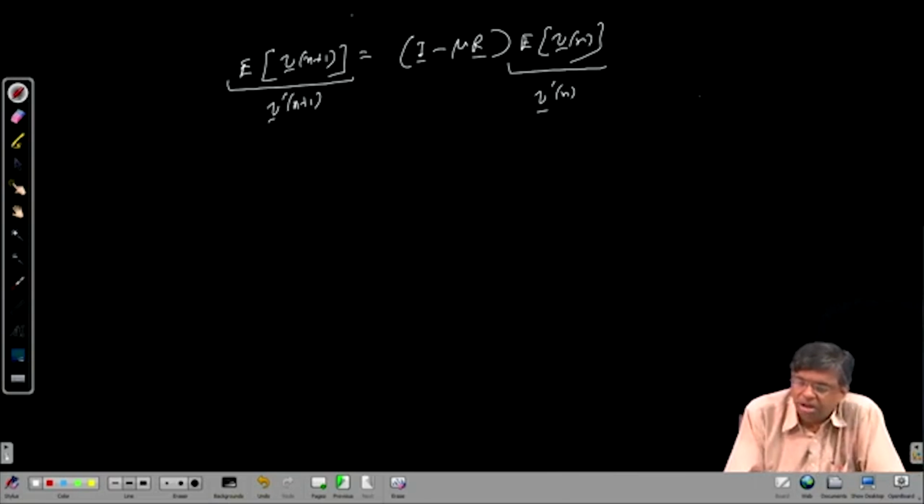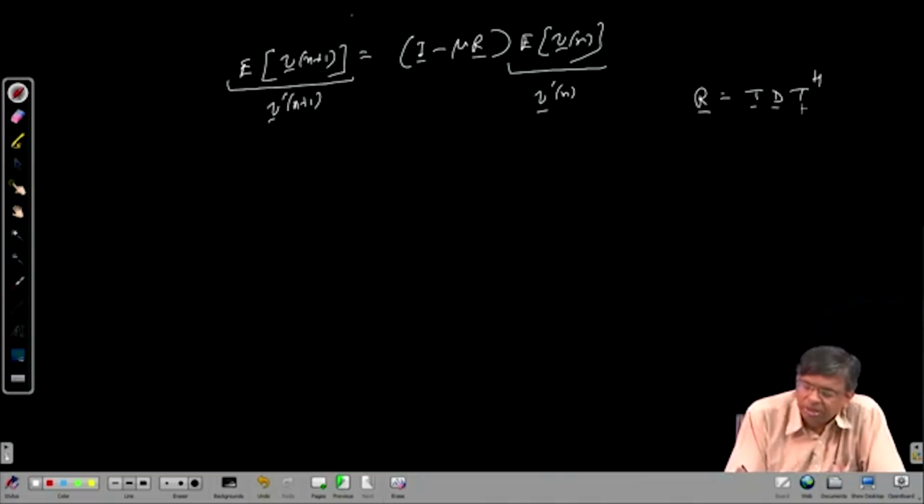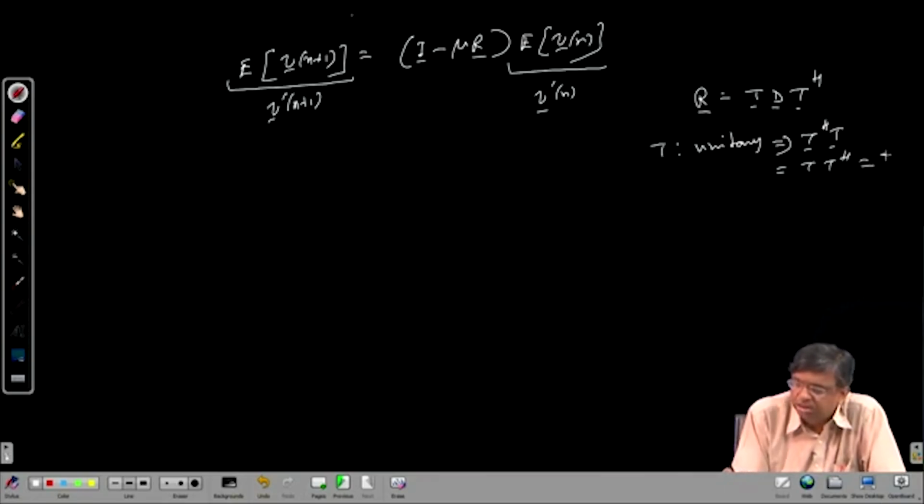Another thing we have seen, R is a Hermitian matrix, the autocorrelation matrix, and we can write it like T D T^H. I did it extensively, very elaborately, in one of my lectures, where T is unitary, means T^H is the inverse of T, T^H T, and if T^H is the inverse, you can also have T T^H, both are identity. So, T^H is the inverse of T, T is the inverse of T^H. So, T is unitary.